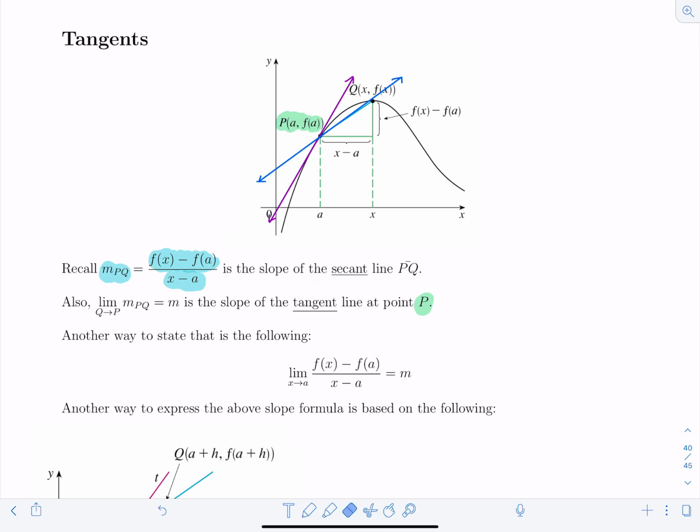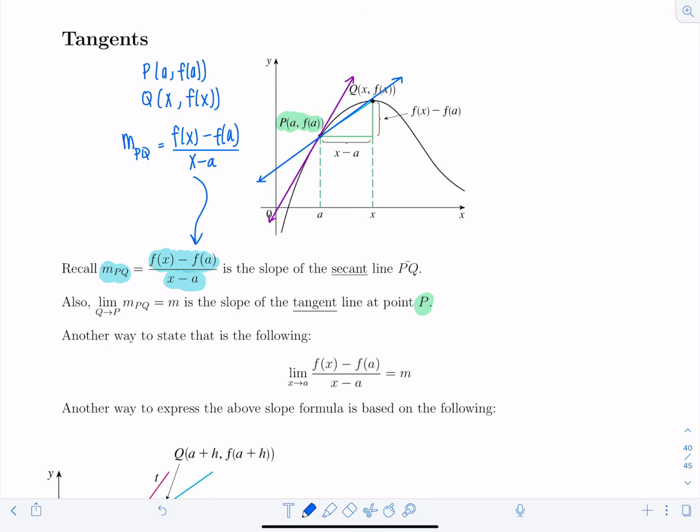That's because the point P has coordinates a, f of a, that's fixed, and then Q has coordinates x, f of x. It's some other point on the curve. So then the slope of PQ, you can see we find it by taking the difference in the y coordinates, f of x minus f of a, and then divide by the difference in the x coordinates, x minus a. And that's where we get that expression.